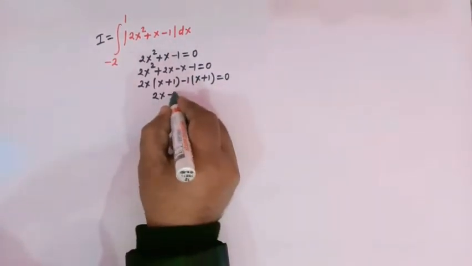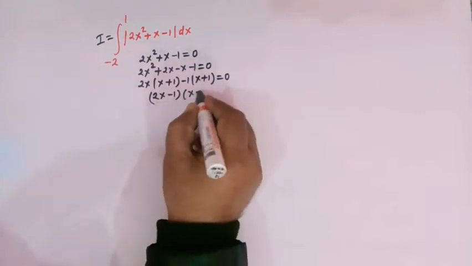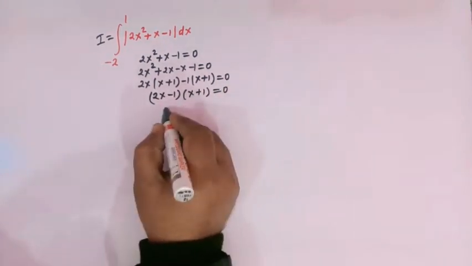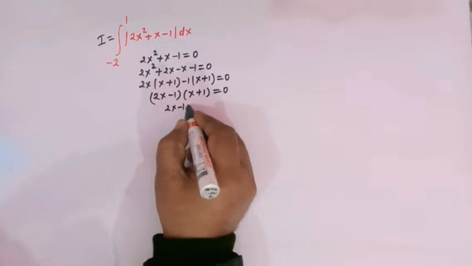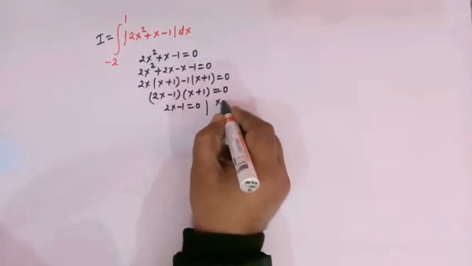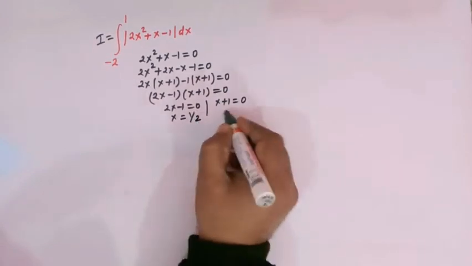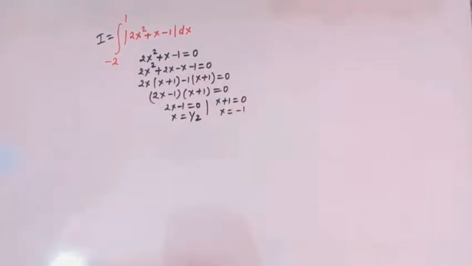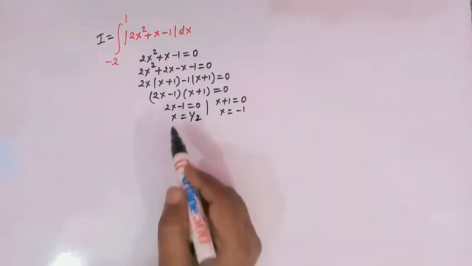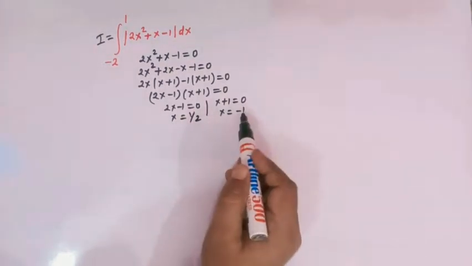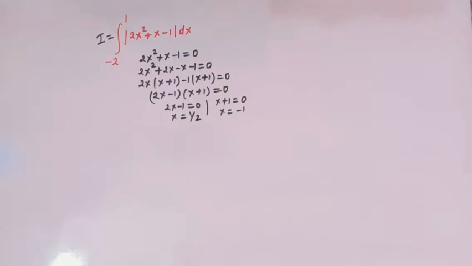So we have (2x − 1)(x + 1) = 0. So 2x − 1 = 0 or x + 1 = 0, so x = 1/2 and x = −1. So the two critical points are −1 and 1/2.